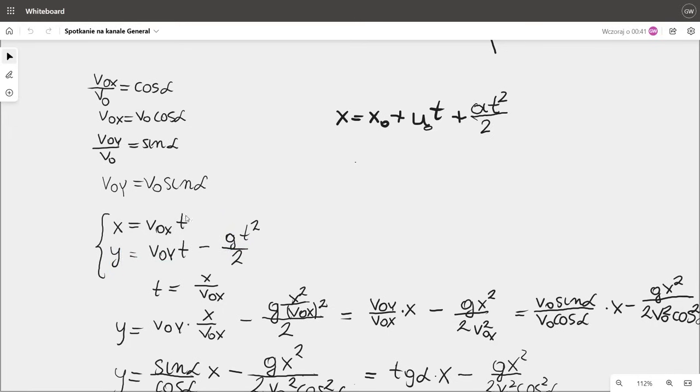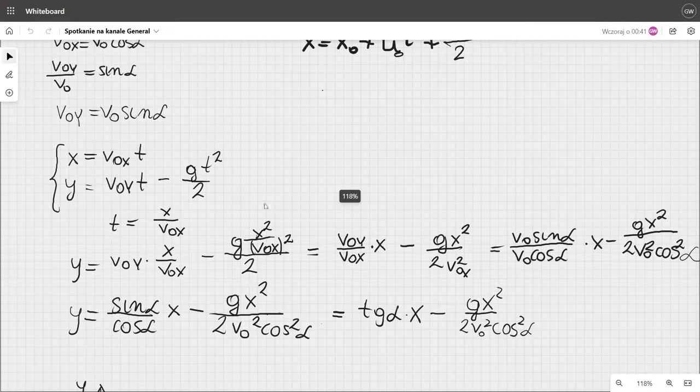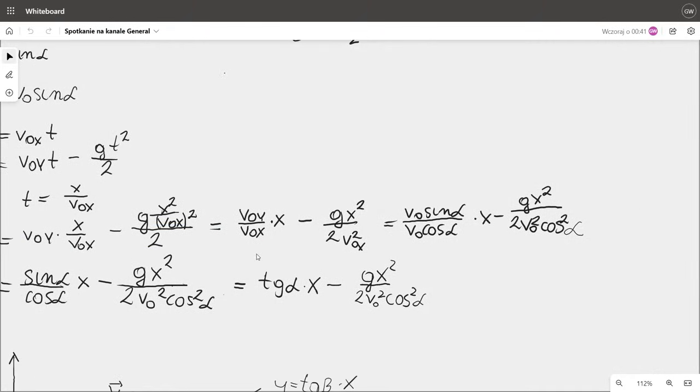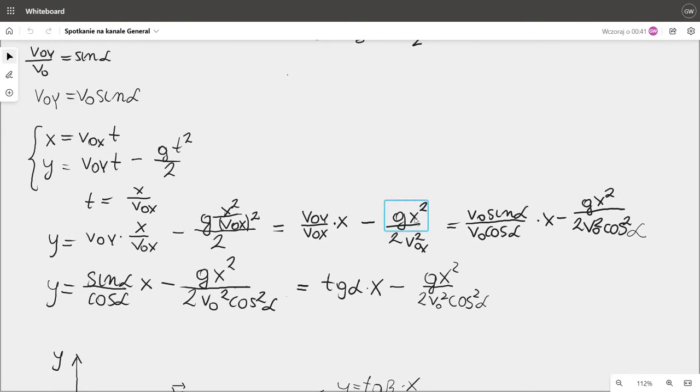So, we have two equations of motion, and we get rid of t from these equations. It's done here. Next, we replace v0x by v0 times cosine of alpha and v0y by v0 times sine of alpha.